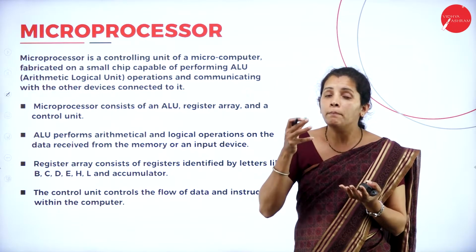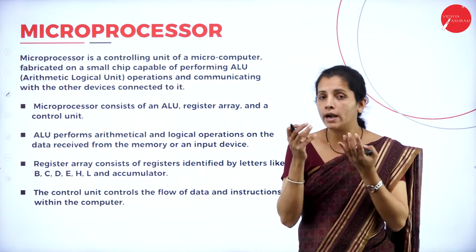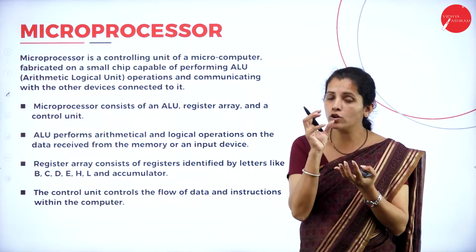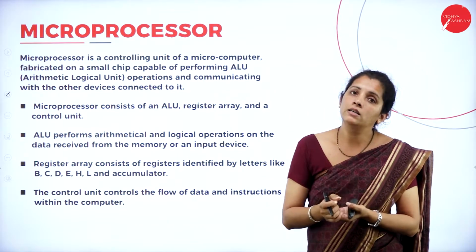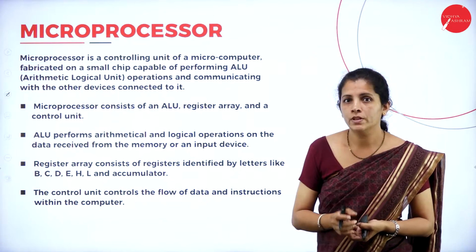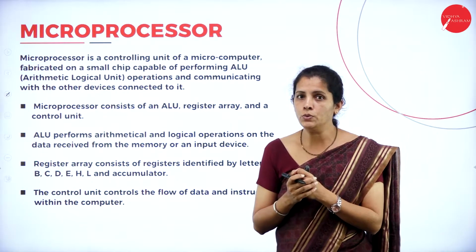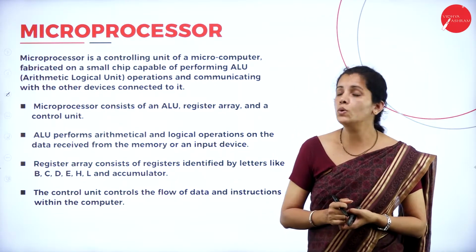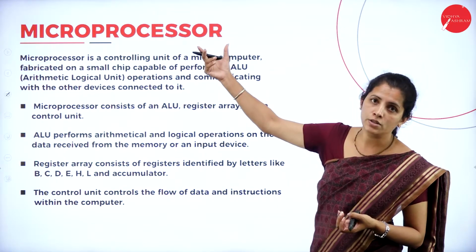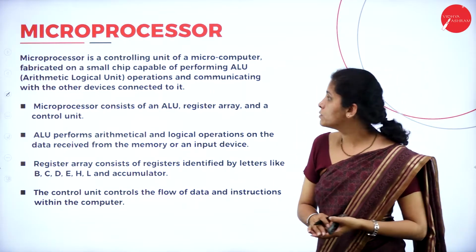That is placed on the motherboard. Whatever the processor, whatever the microprocessor, it comes with the motherboard as the CPU. So dear students, the motherboard with the processor is known as the CPU, and the processor itself is known as the microprocessor.